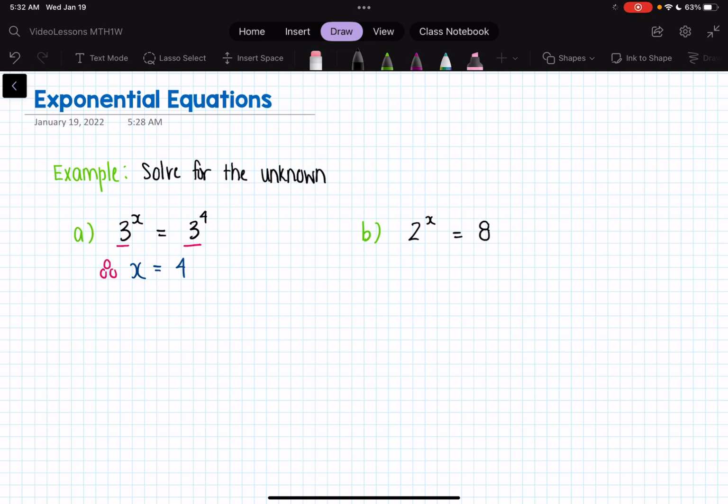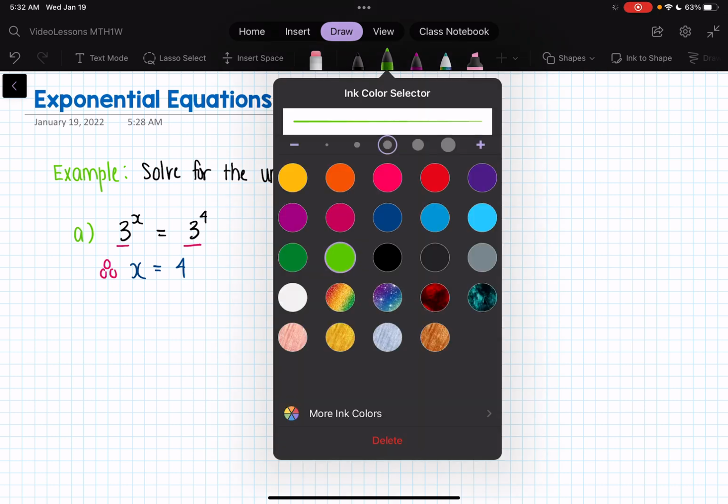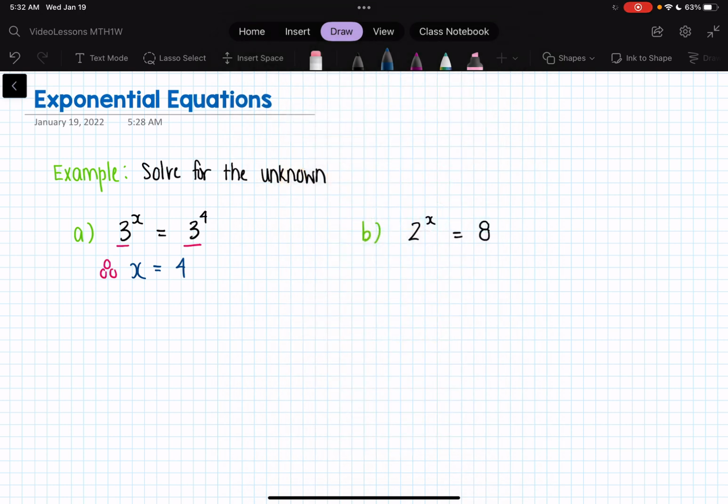Okay, now here, the bases are not equal. I can't do what I did in example A. And I can't do anything else. That's important to know. There's no arithmetic operation that I can perform here to solve this equation.